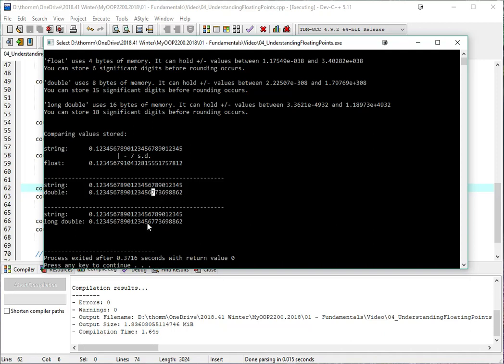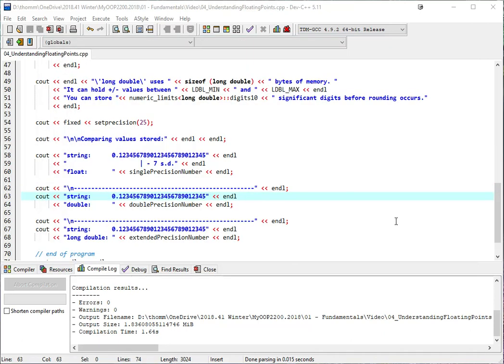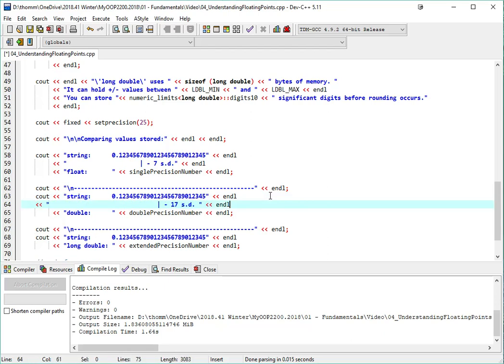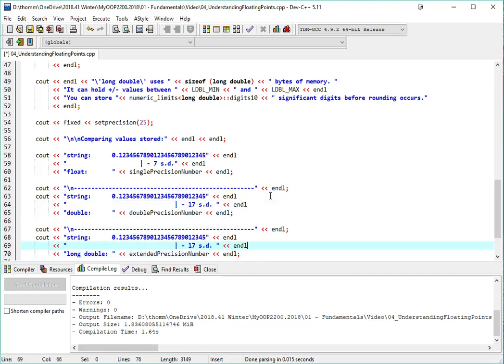And then for the long double, let's see, it actually doesn't get very much beyond that, interestingly enough. In fact, the long double and the double are the same. That's kind of weird. So I'll add in my placeholder to make it easier to see that it's getting to 17 significant digits.